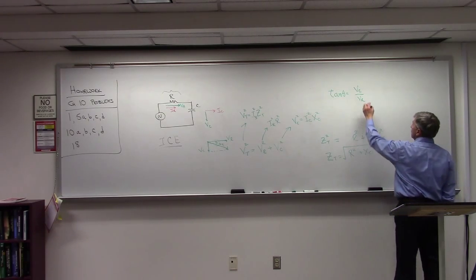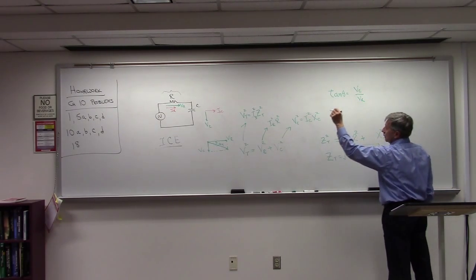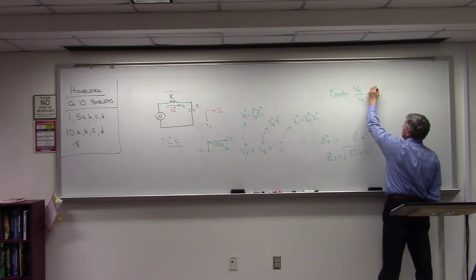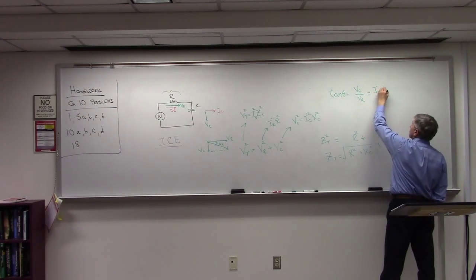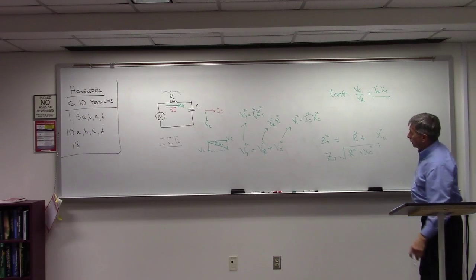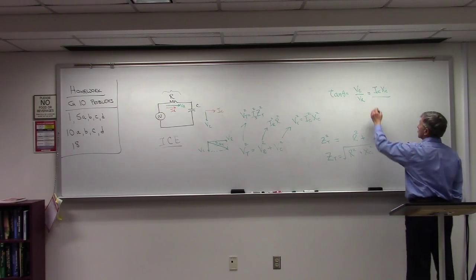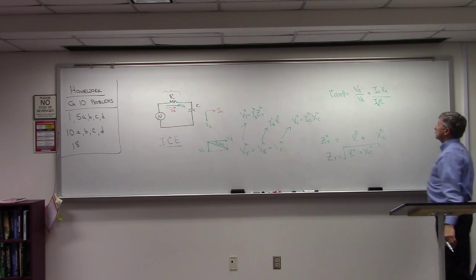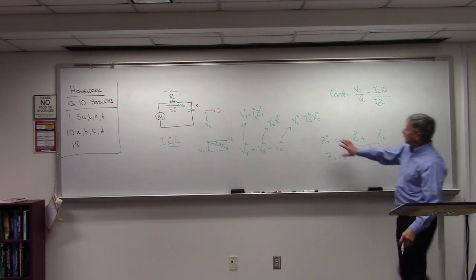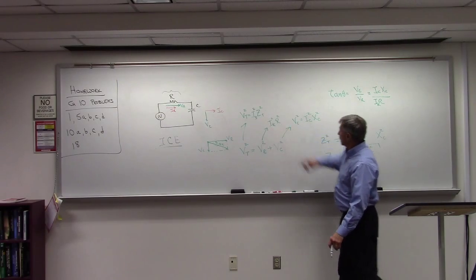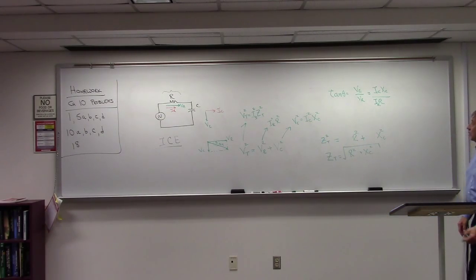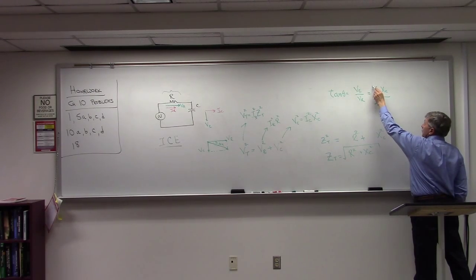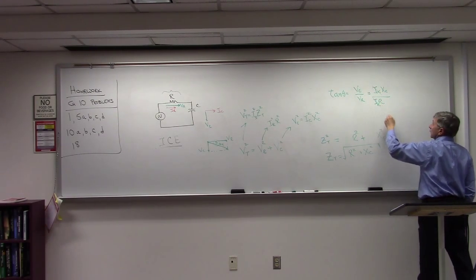But VC is equal to IC times XC, and VR is IR times R. I'm just pulling the equations off of here, getting rid of the squared part. I know that the current through the capacitor and the resistor are the same, so I'm going to get rid of those.